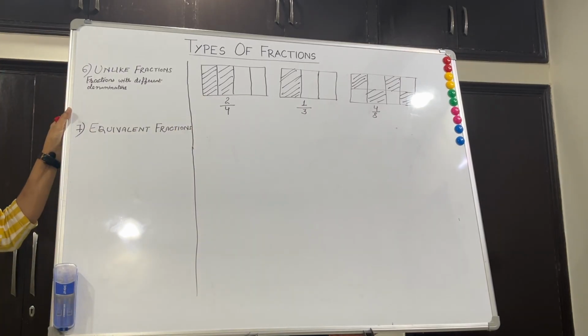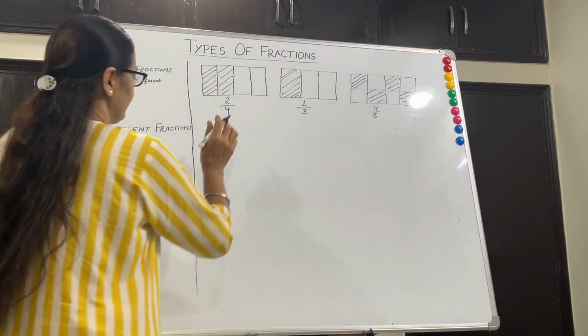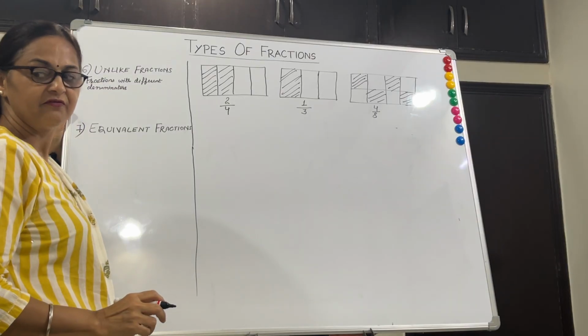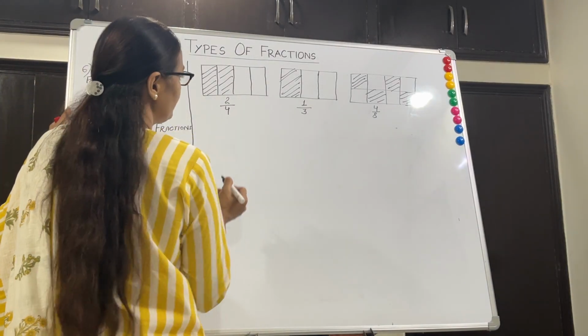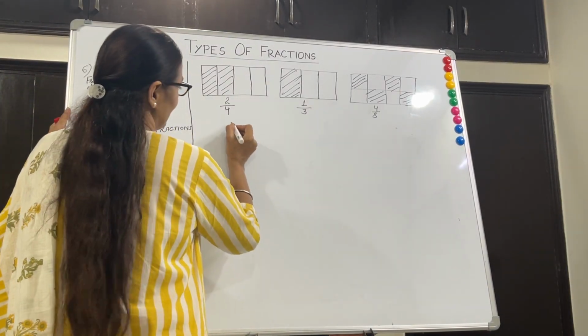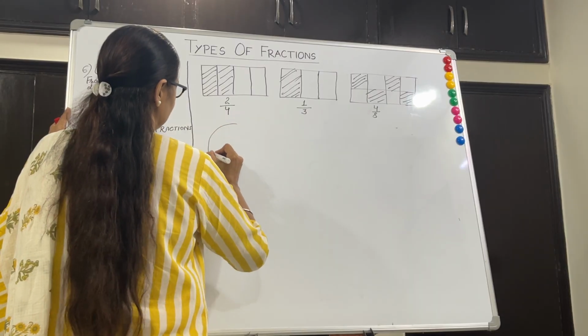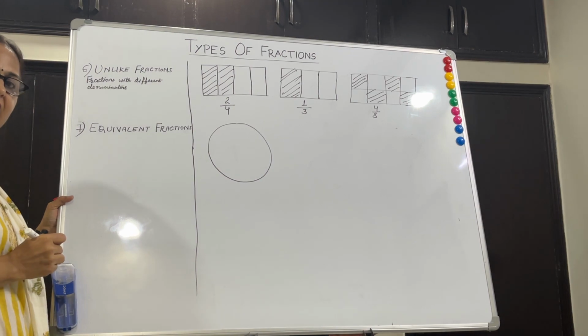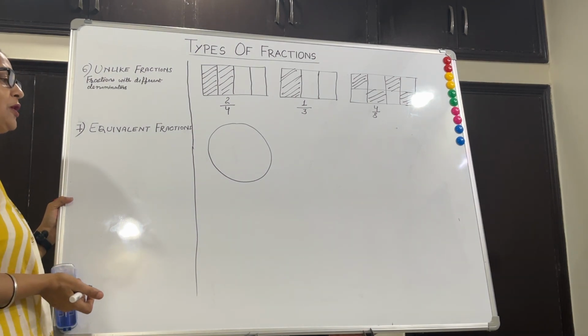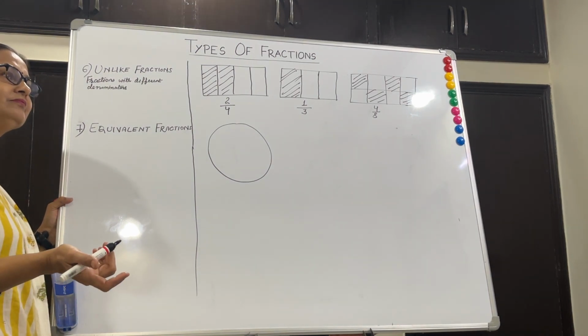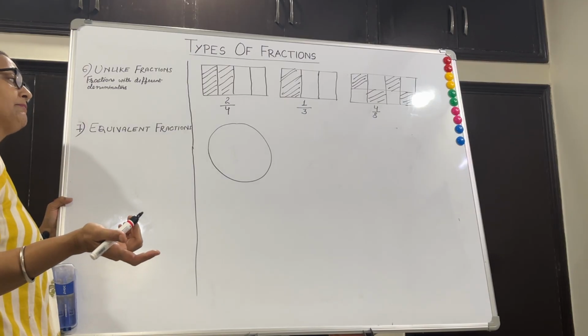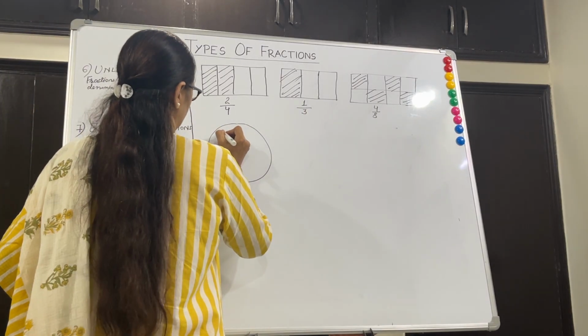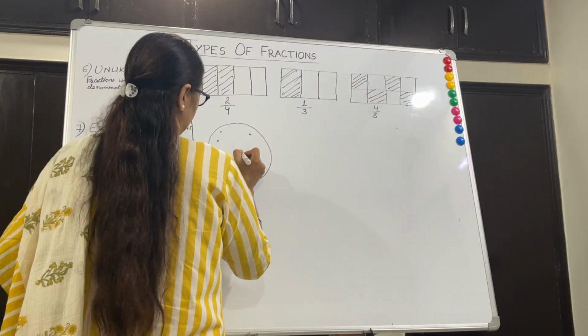Equivalent fractions. Now what are these? So we will understand it first with the help of a very interesting example. Now what happens? Again we will talk about, let's say, pizza. Okay.